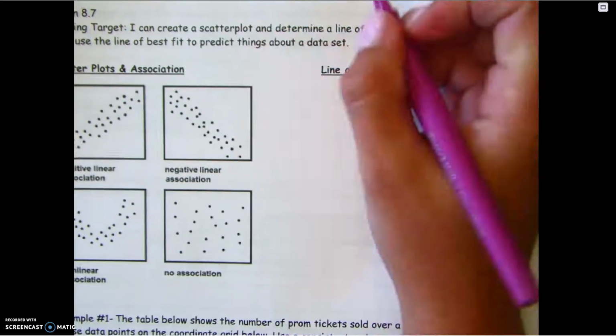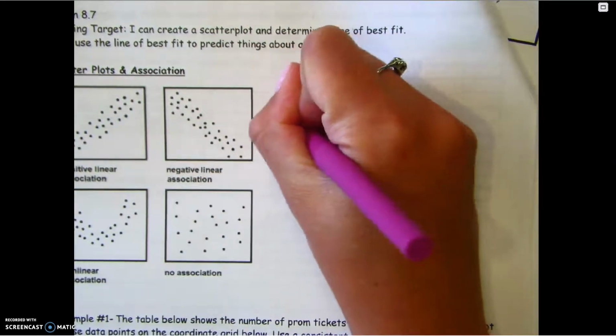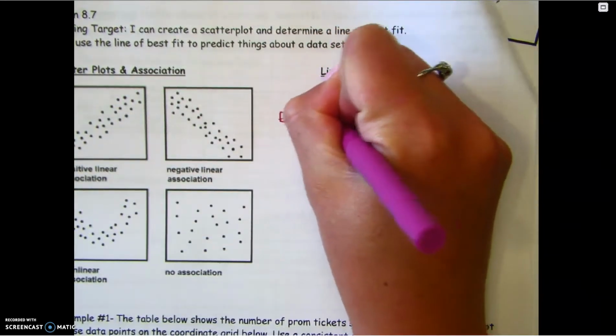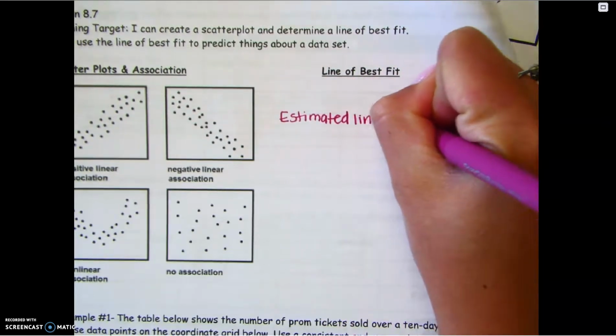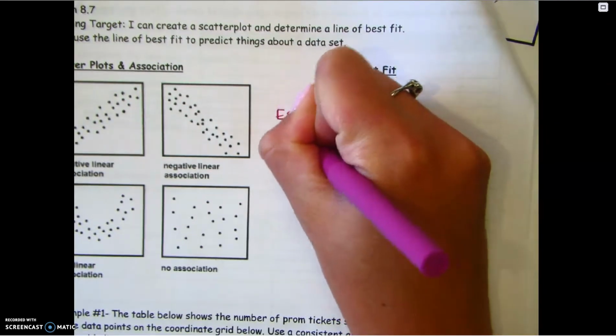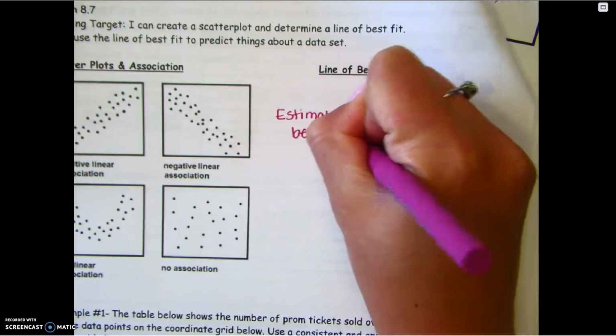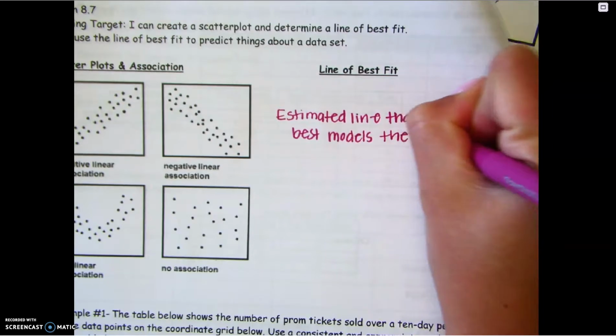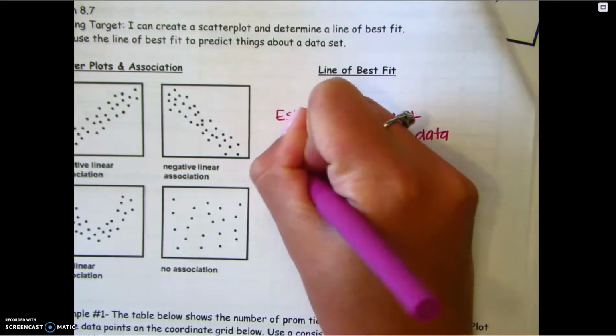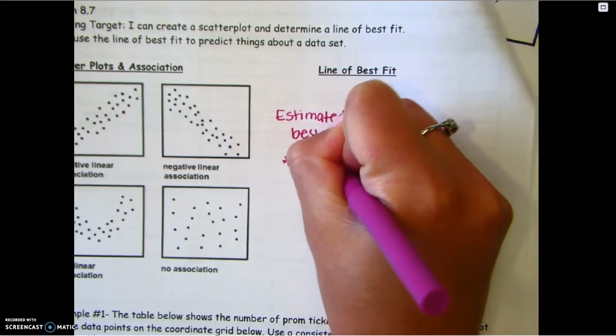And so this is an estimated line that best models the data. So obviously we only use this with linear models.